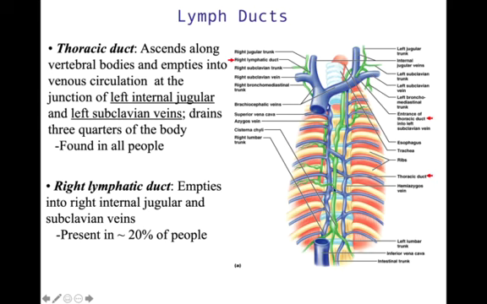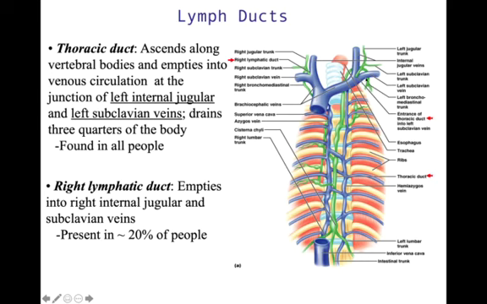It goes up along the anterior portions of your thoracic vertebra, and it starts hanging a left right here, where it merges with the left jugular trunk, the left subclavian trunk, and the left bronchomediastinal trunk.